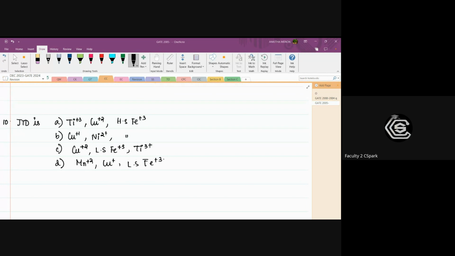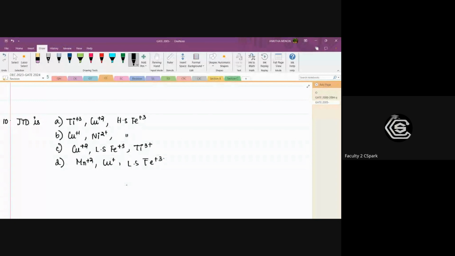For Jahn-Teller distortion to occur, what should happen? There should be an asymmetry in either t2g or eg. Yes, so again, clearly it's option C. Let's look at why not the other options.